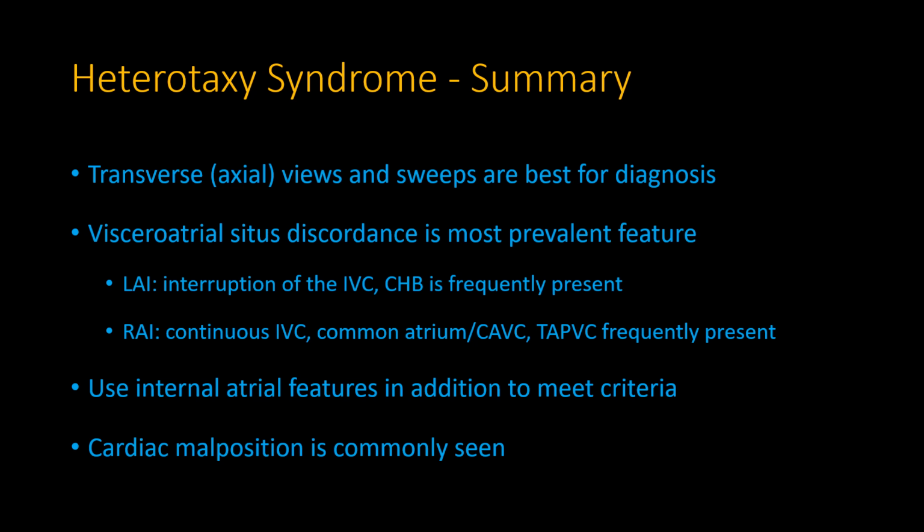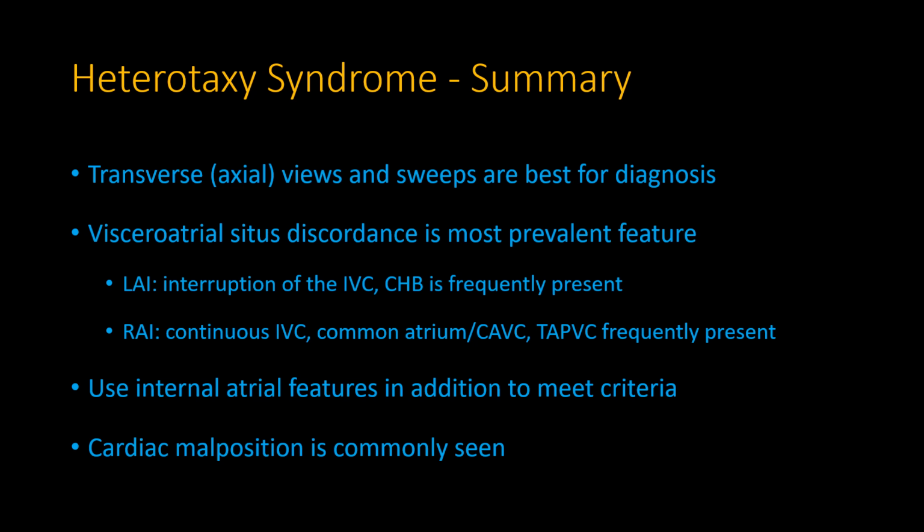Remember that left atrial isomerism, almost every case will have interruption of the IVC, and we usually will see some type of rhythm disturbance, most typically complete heart block, which is frequently present. Right atrial isomerism typically has a continuous IVC, usually will have a common atrium, complete AV septal defect, and total anomalous pulmonary venous drainage is very common in this particular subtype of heterotaxy syndrome.